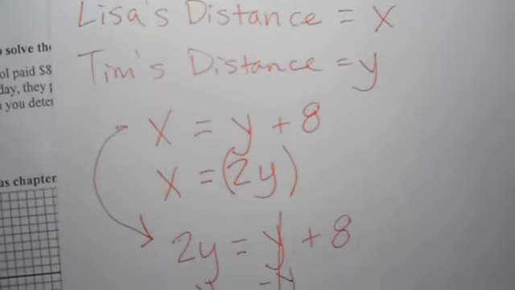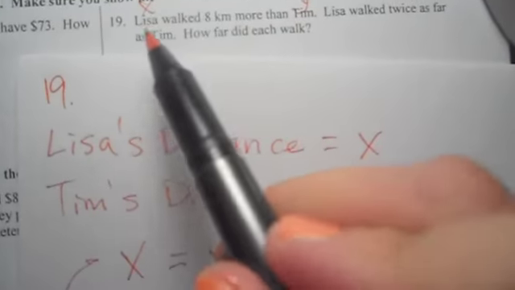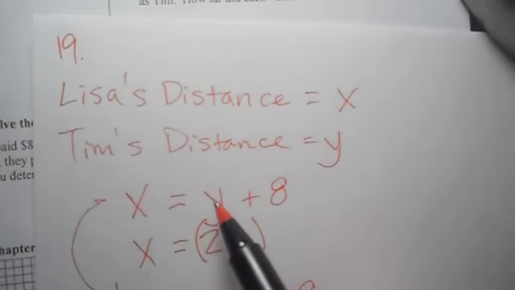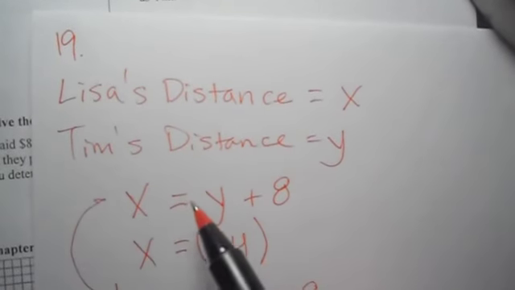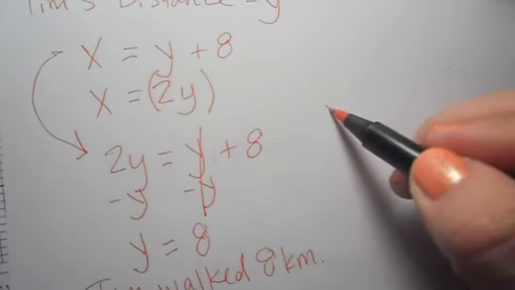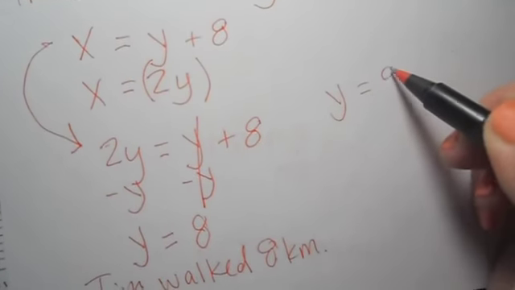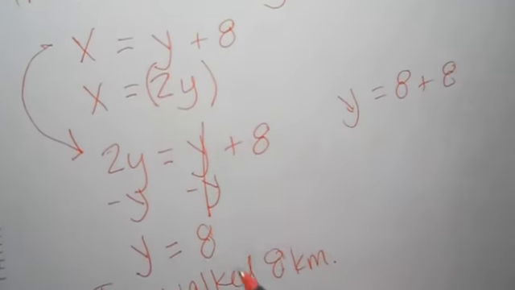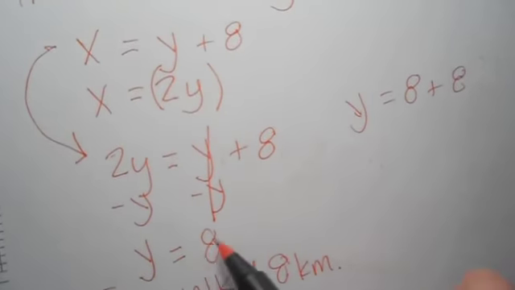Okay? But he wasn't the only person walking. Lisa was walking too. And remember, Lisa walked 8 kilometers more than Tim. That was this equation. X equals Y plus 8. Lisa is Tim's plus 8. So if Tim is 8, Lisa is going to be 8 plus 8. I got that from here. I plugged in the Y equals 8 to here.